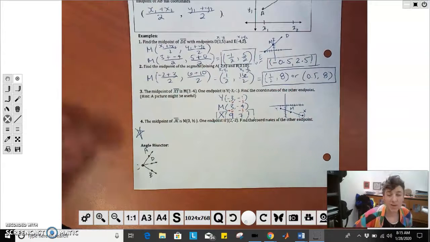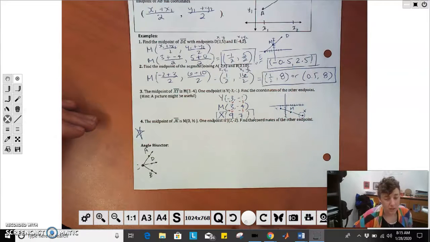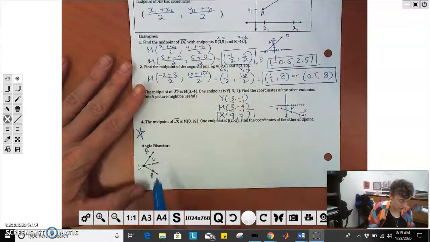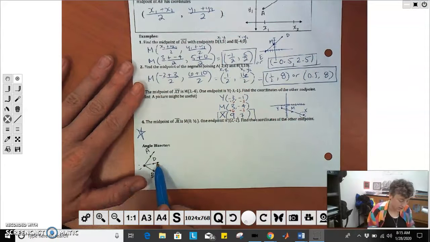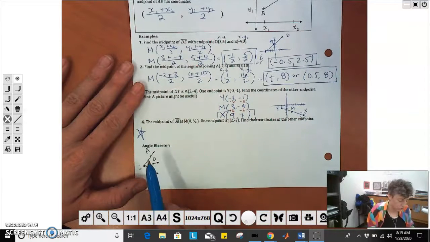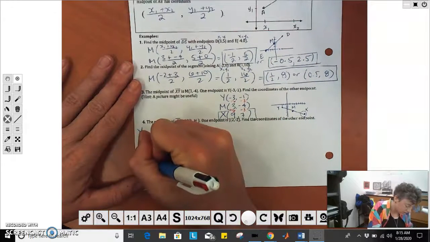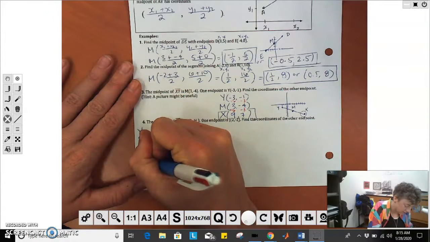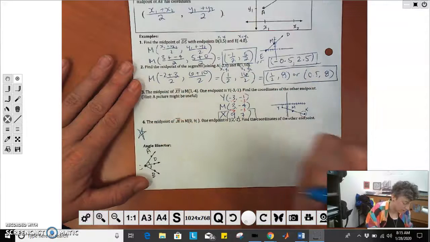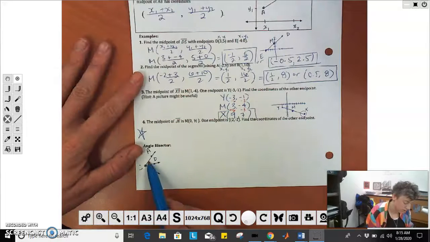Okay, an angle bisector, really similar to a segment bisector. It's a ray that cuts an angle into 2 perfectly congruent halves. The way we say angles are congruent is if we give them the same number of arc markings. So these have 1 arc here, 1 arc here.